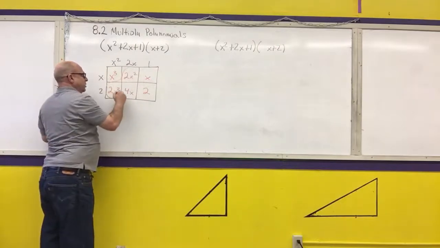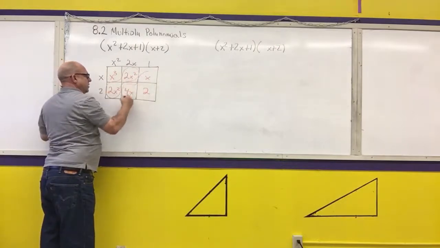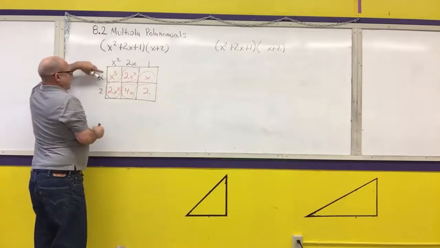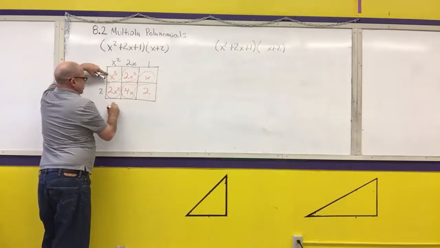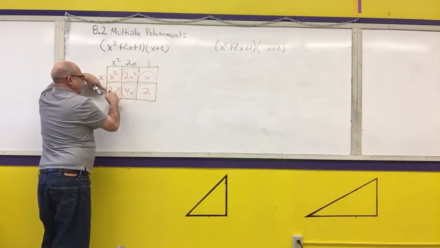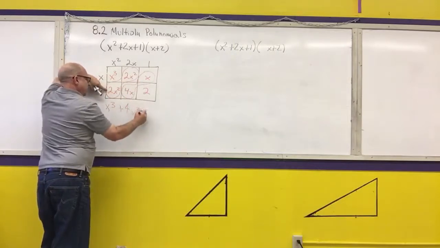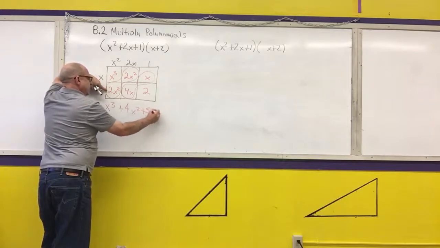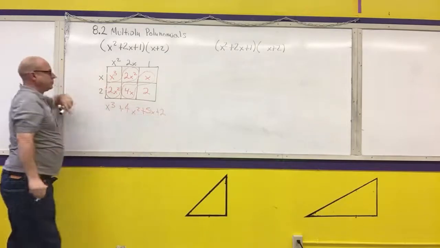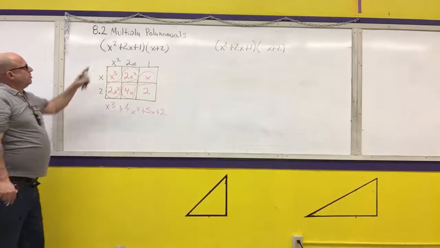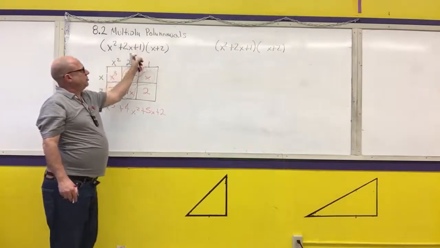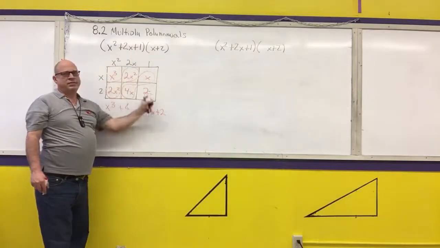Combining like terms, I have x cubed plus 2 plus 2 is 4x squared. 4 plus 1 is 5x plus 2. Notice I had 3 terms times 2 terms. 3 times 2 is 6, and I ended up with 6 multiplications.